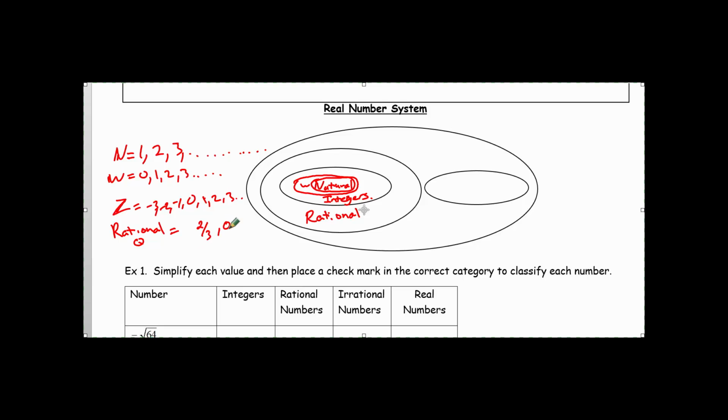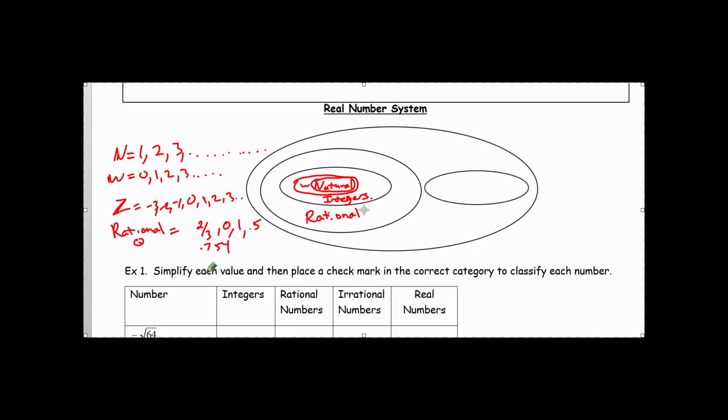But also 0 and 1, because 1 can be written as 1 over 1. It could also be written as 5 over 5. So all of the whole numbers are rational numbers. All of the fractions are rational numbers. And same thing with decimals, like 0.5. That's 1/2. 2/3 is 0.6 repeating.